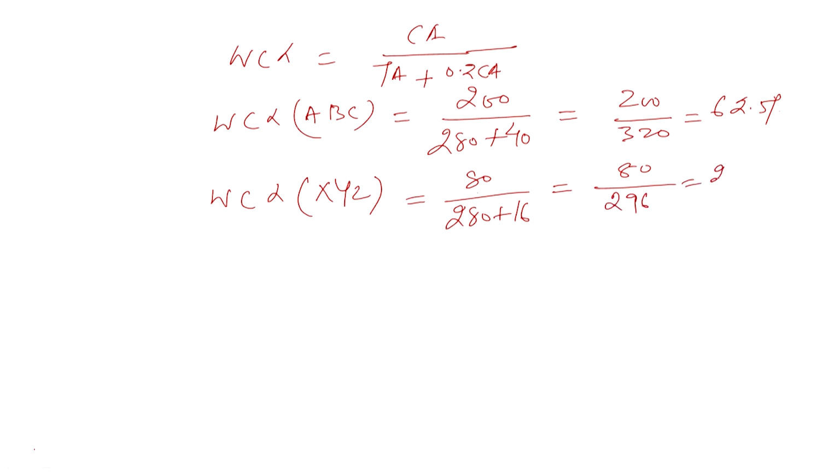So, this is going to be the percentage, that is 27.03%. So, the situation remains the same. In this case also, when we add more current assets, 62% is the working capital leverage in ABC and 27.03% is the leverage in XYZ Limited.